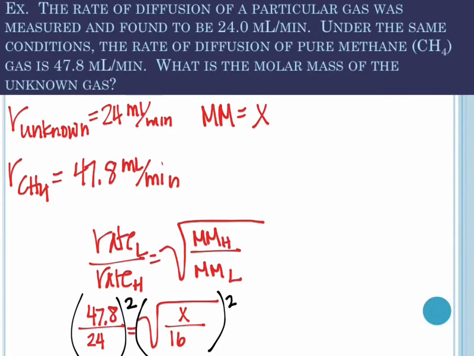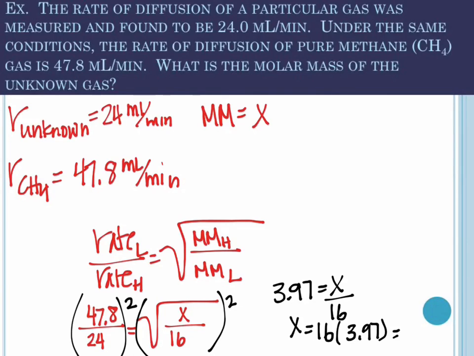Somebody go do that for me. 3.97. And that is equal to x over 16. So x is going to be 16 times 3.97. 63.5, and my unit is grams.